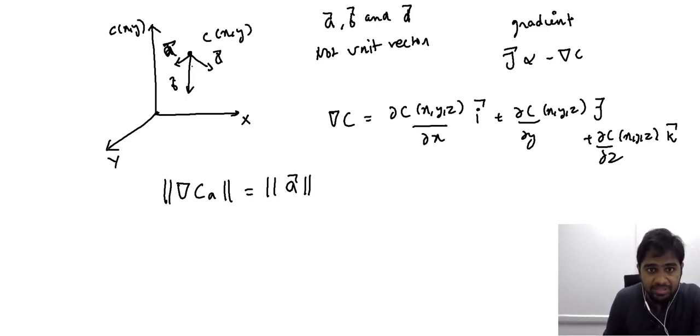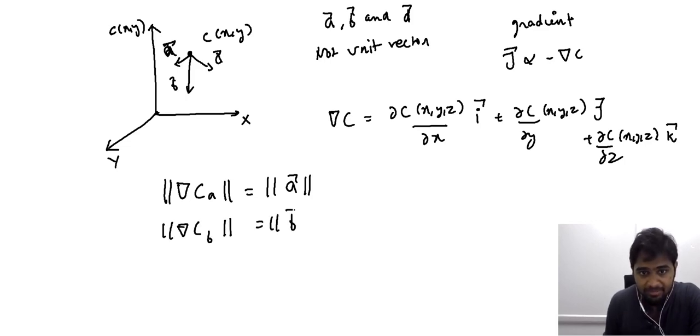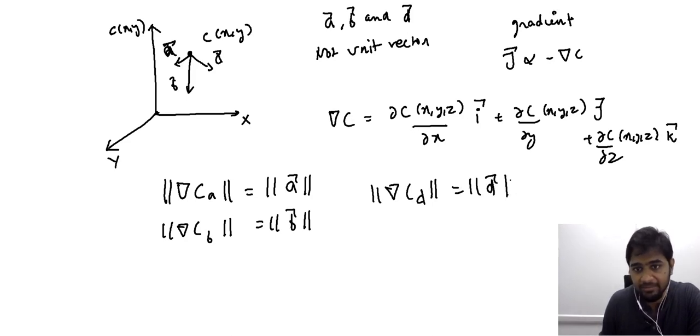So in this representation, the magnitude of the gradient along the A direction is the length of the A vector, and similarly the magnitude of the gradient along B is the length of the B vector. And similarly, the magnitude of the gradient along C, or along D, is the length of the D vector.